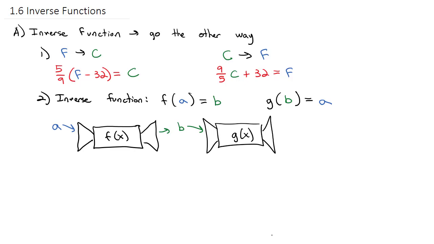But then if I put that b into the second function, what comes out is the original a that we started with. So the second function machine undoes what the first function machine does. In generic terms, if I take an x and plug it in, we'll get an f of x out. But if we plug that in, we'll get back to the original x.